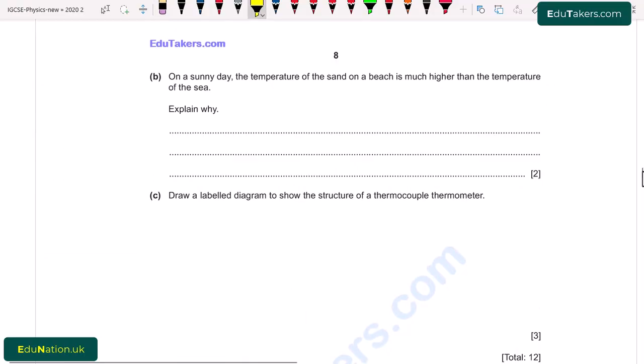On a sunny day, the temperature of the sand on a beach is much higher than the temperature of the sea. Explain why. So as we know, water takes much more time to be heated as compared to sand, and the reason for that is the specific heat capacity of water is greater than the specific heat capacity of sand.